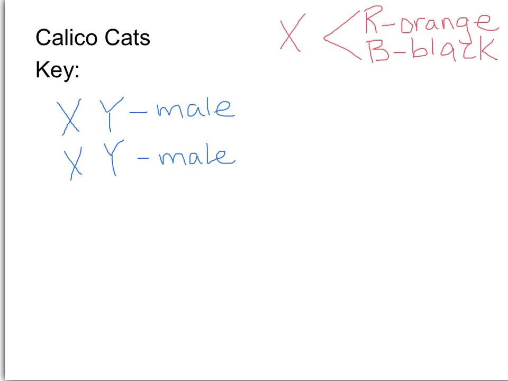Because they have one X chromosome, they can either have an orange allele on it, or they can have a black allele, but they can't have both because they only have one X. So this male on the top here is going to be orange, and the male below it has the black allele, so he's going to be a male that's black.